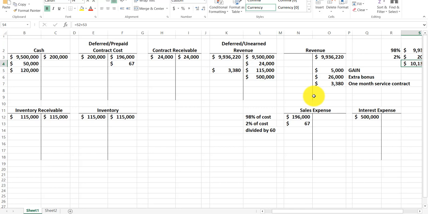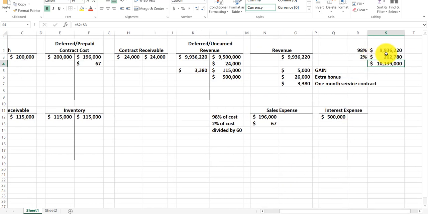Between 11 months and 12 months, we then take the amount of revenue that was deferred still in unearned revenue, $202,780 for the maintenance contract, and divide that by 60 to get how much per month. And every month for the next 60 months, you're going to credit revenue for $33.80 and debit the unearned revenue.